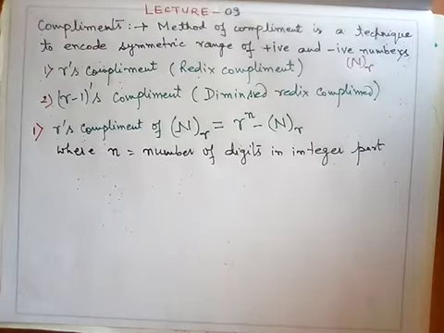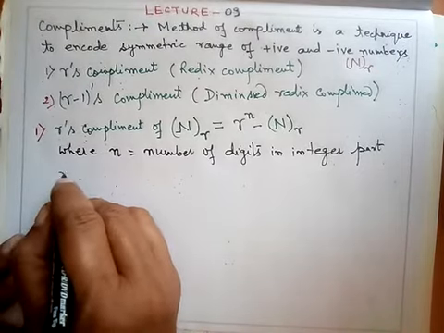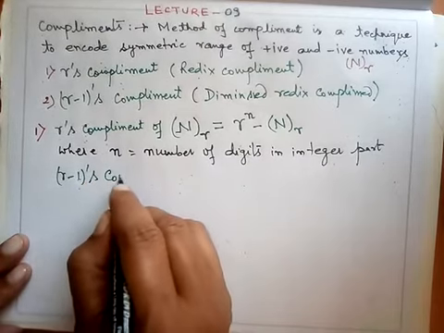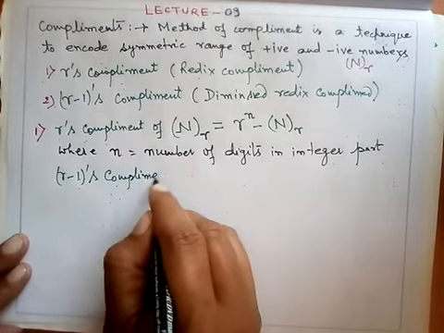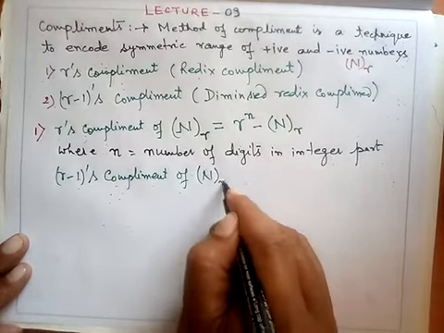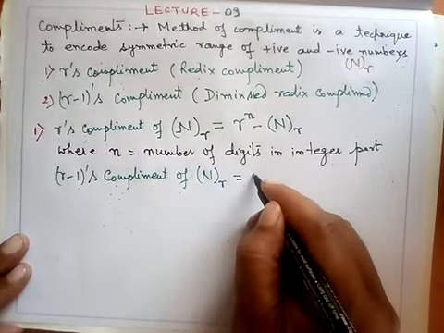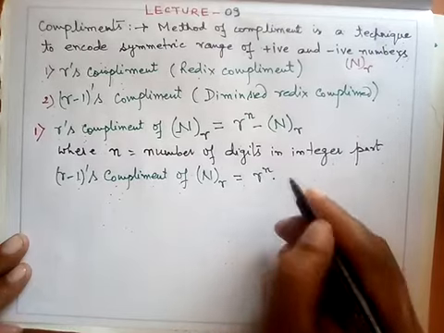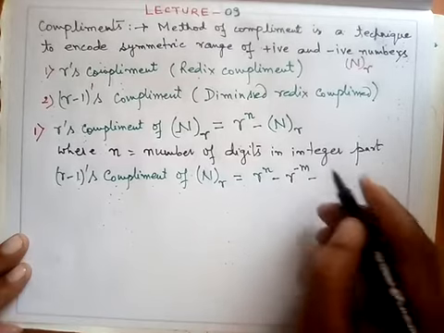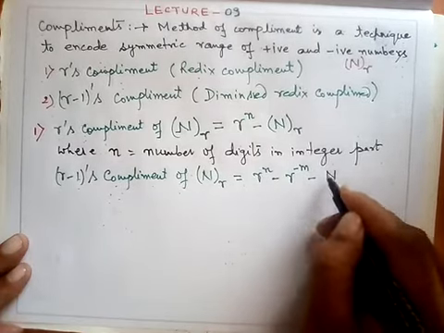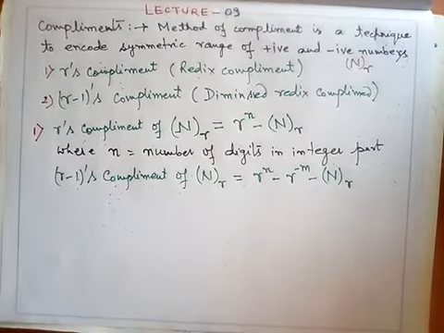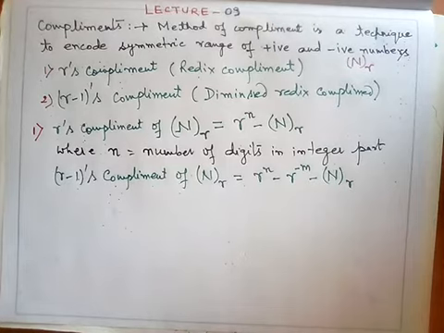What do you mean by r minus 1's complement? The r minus 1's complement of any number n with radix r is given by r to the power n minus r to the power minus m, minus the number with base r, where n has its usual meaning that I have told you in the previous definition.